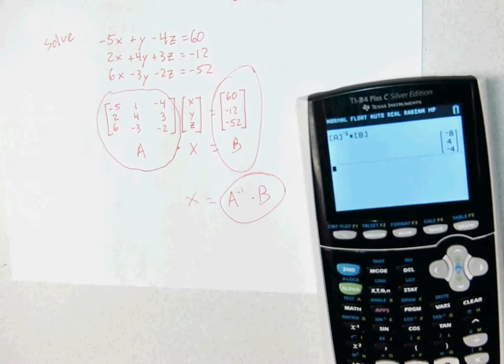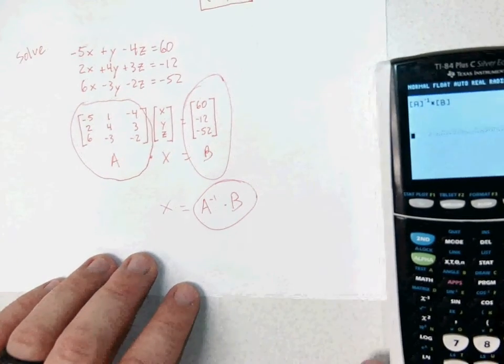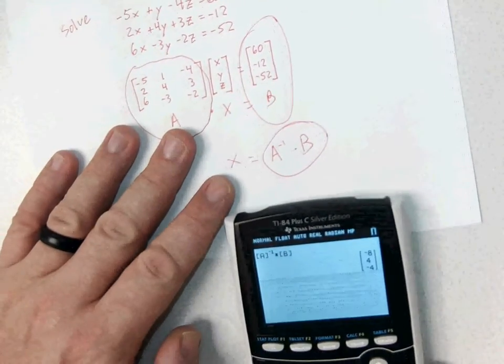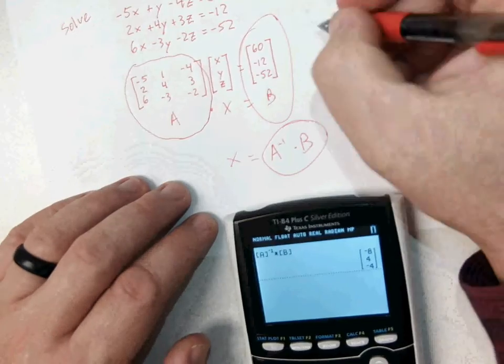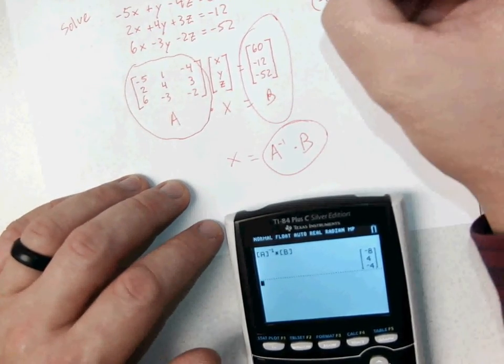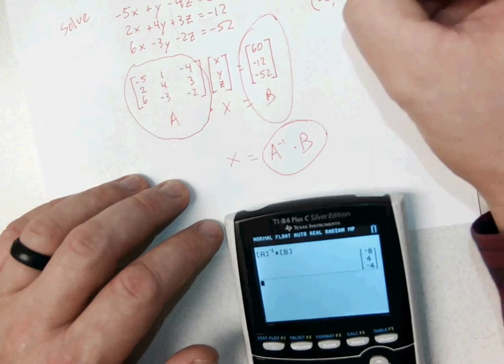Now this one has 3 answers. They are X, Y, and Z. Since you haven't done three-dimensional graphing, you probably haven't seen ordered triples before. You've seen ordered pairs, but when we have X, Y, and Z, we can write our answer as an ordered triple. Here's what it would look like. My X value is negative 8, comma, your Y value is 4, comma, your Z value is negative 4.